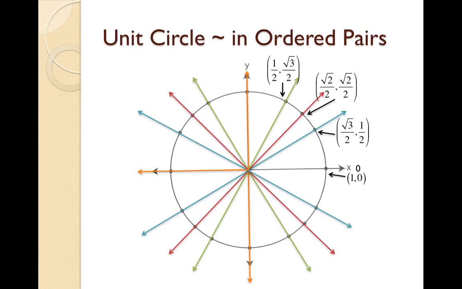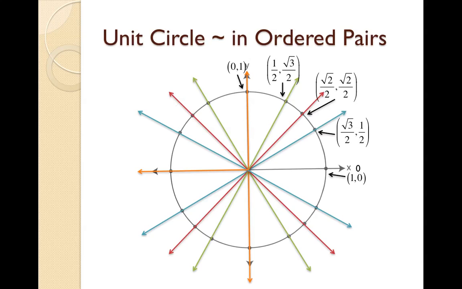Okay, so we already know a lot about this unit circle, about the angles, and about these ordered pairs, these sines and cosines of these special angles. We're going to build on that in our next lesson tomorrow. The other thing we can pretty easily tell are the ordered pairs of the other points at the axes.